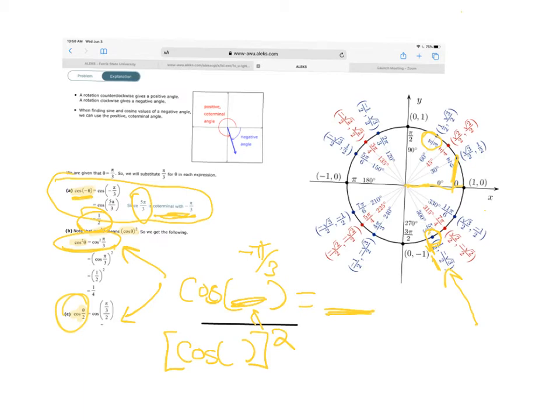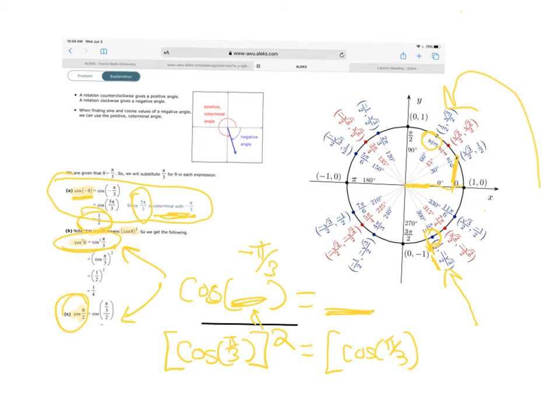So what the problem is asking is what is the cosine of pi over 3 squared? So what's the cosine of pi over 3? Well, if we go back up to our chart, we'll notice that the cosine of pi over 3 is 1/2. In fact, it's the same thing as the cosine of 5 pi over 3, right?